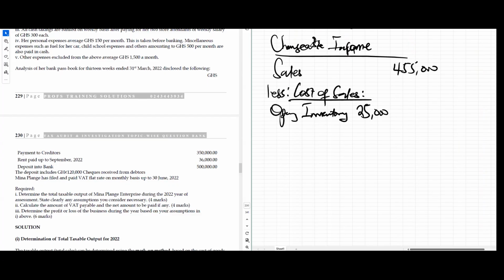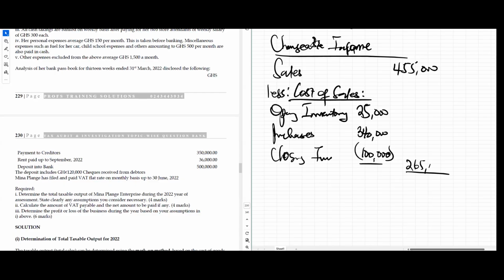Then the purchases for the year was 340,000. Then closing inventory was 100,000. So if we take this out, our cost of sales would have been 265,000. So that means our gross profit is 190,000.